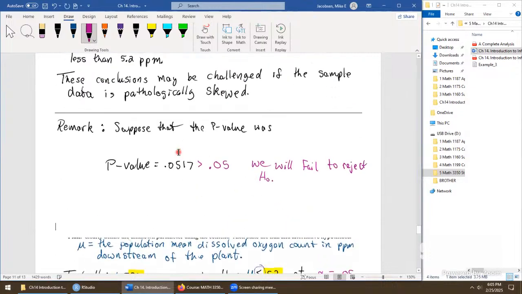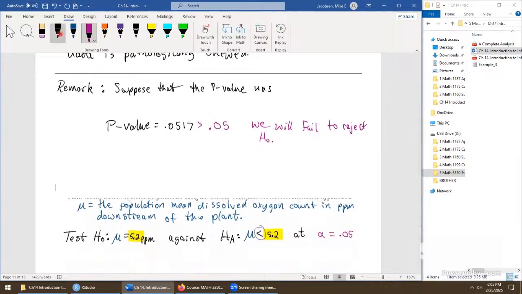Imagine we did have this large p-value. We can say then our conclusion is this study failed, lots of ways you could word this.